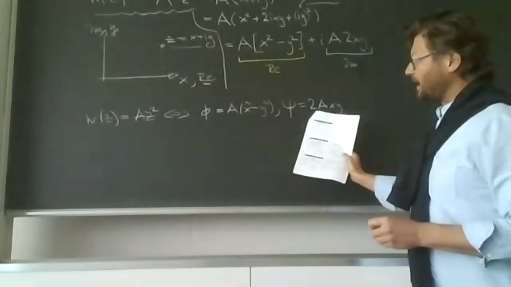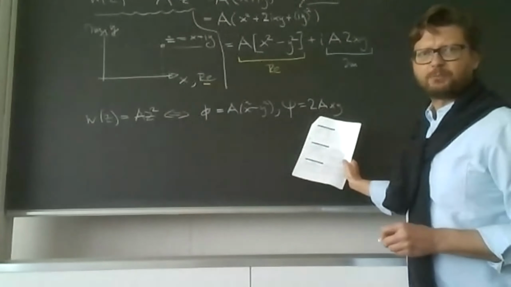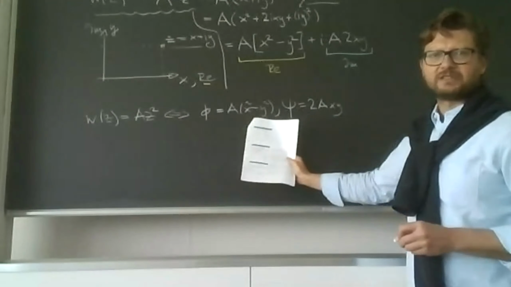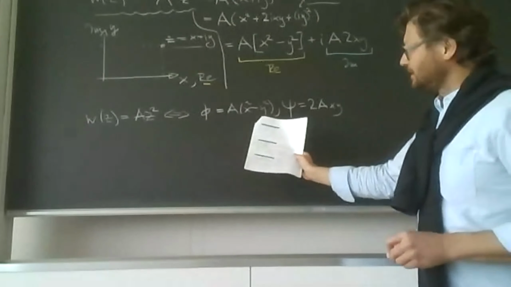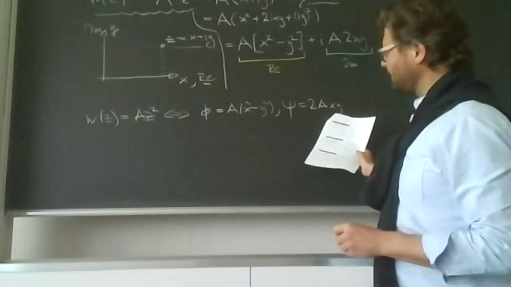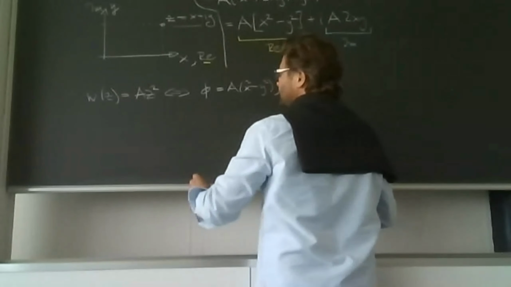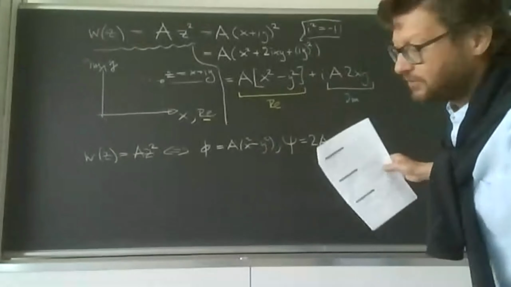And I hope you recognize these functions here. This was one of the first potential flows that we looked at. This is the potential for the stagnation point flow, or the stream function for the stagnation point flow. So this is the flow. Maybe we can draw it up here.